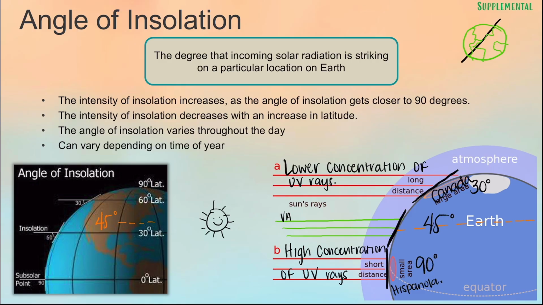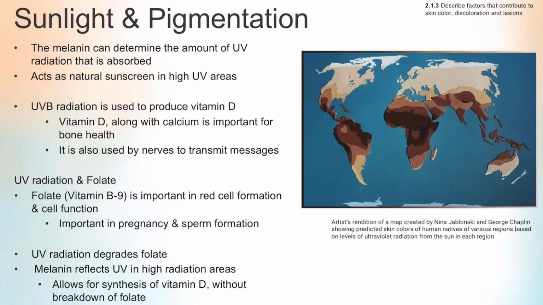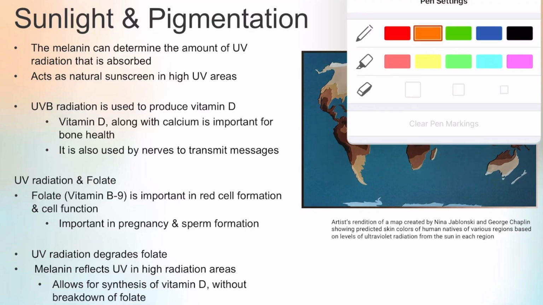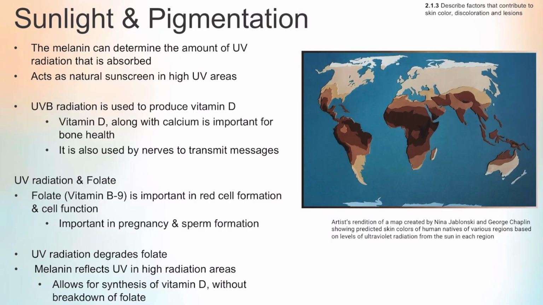All right, so just to give you guys a rough idea on how the angle of insolation works and looking at how the angle of insolation goes over a theory of why certain pigmentations developed and what would be the evolutionary benefit of certain pigmentation. So having a darker complexion versus a lighter complexion and where those geographically may have arisen from.